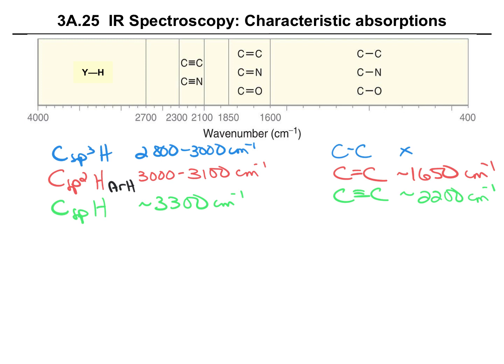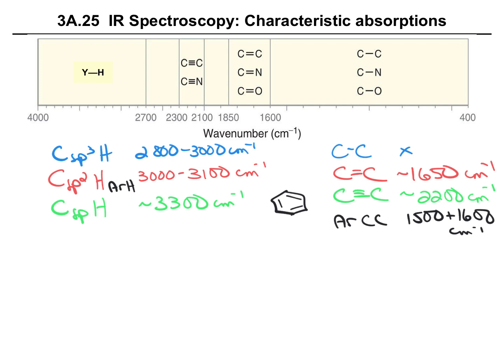But what's different between alkenes and aromatics is that the aromatic carbon-carbon bond has two absorptions, usually around 1,500 and 1,600. Now keep in mind with aromatics, all we know about aromatics so far is that they would look like benzene or have benzene with some substitutions on it.